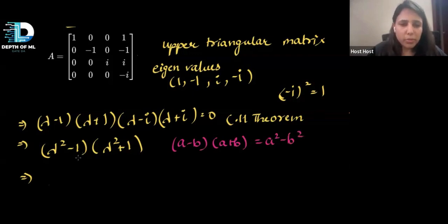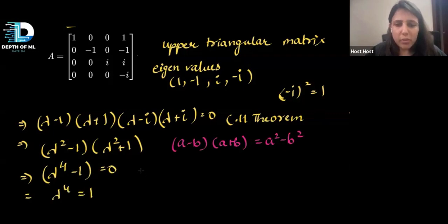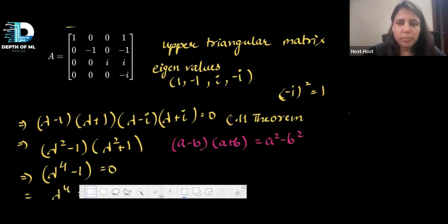Now I'm going to do the same thing. So this is lambda power 4 minus 1 is equal to 0, right? So lambda power 4 is equal to 1. Now let me use CH theorem here.